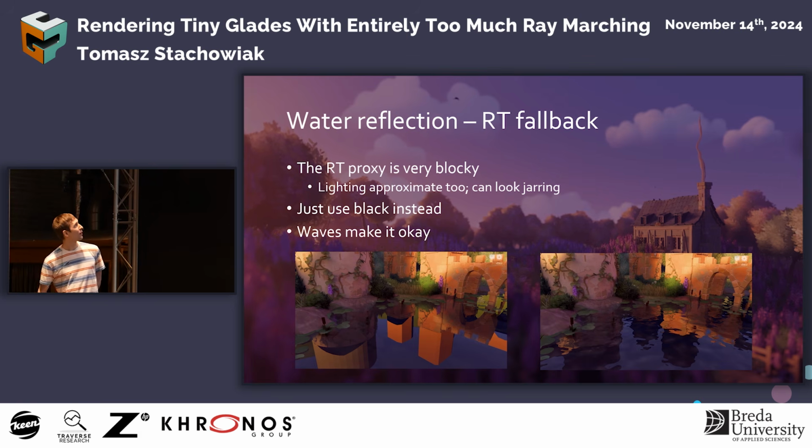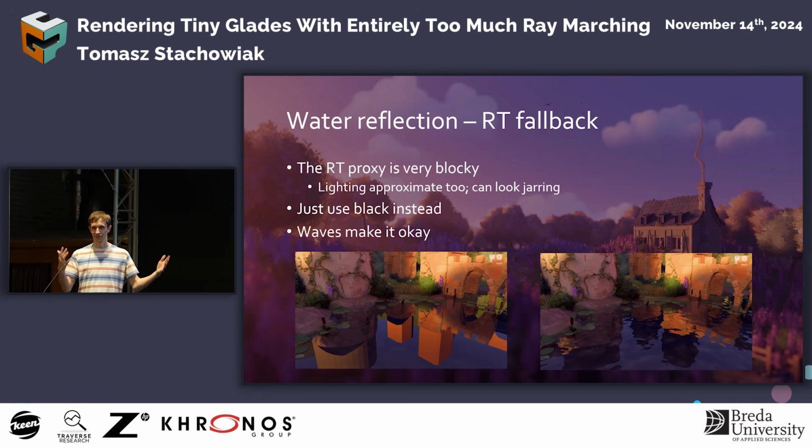And speaking of the ray tracing fallback, as I've shown before, the ray tracing geometry is kind of potato and doesn't look very good. And we found that if you use the full lighting for it in those ray tracing fallbacks, it can look a little bit jarring, especially the lighting for subsequent bounces, which can look a bit off because we don't have the same kind of feedback loop that we have for SSR or screen space GI, which can feed multiple bounces just from the screen space.